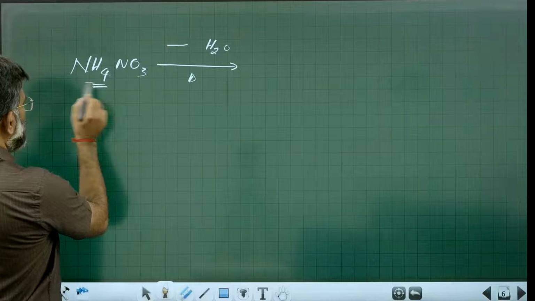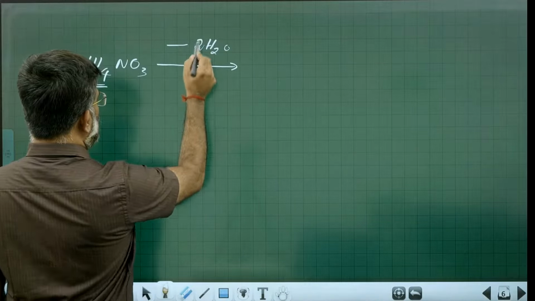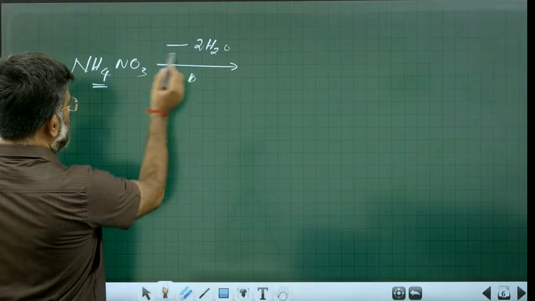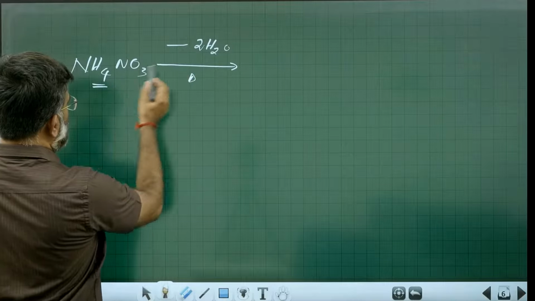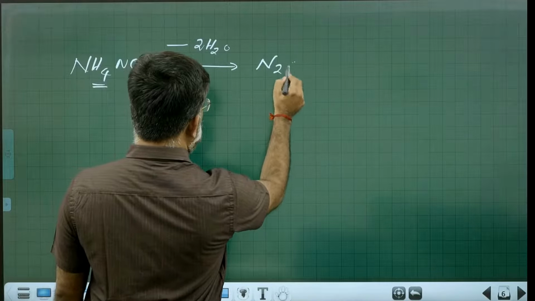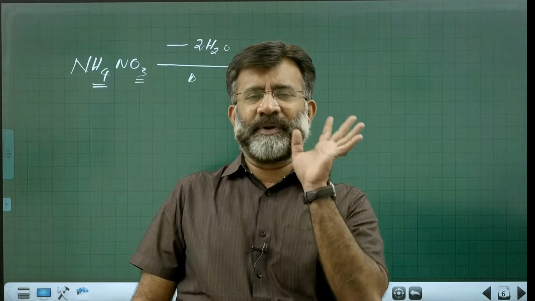As many hydrogens, accordingly there will be water molecules, 4 hydrogen, no? So 2 water molecules will be eliminated. That is 2H2O, meaning 4 hydrogen and 2 oxygen out. Remaining is N2O, so you get the product. That's a simple way to memorize rather than simply trying to learn it by heart.